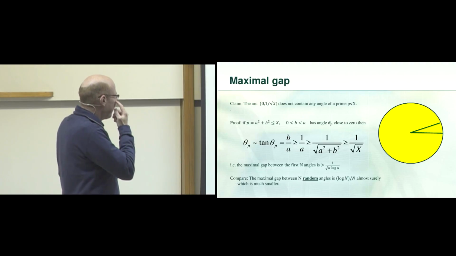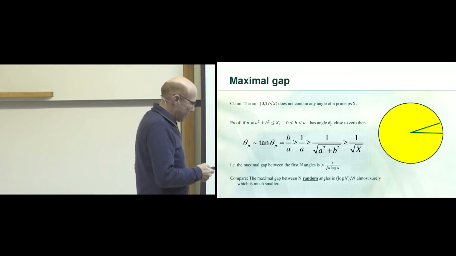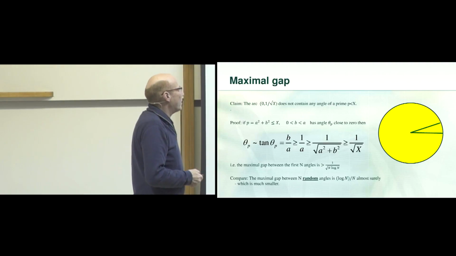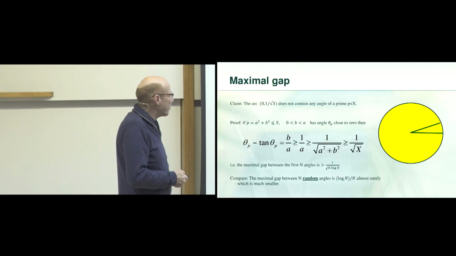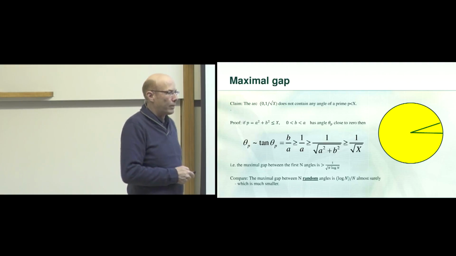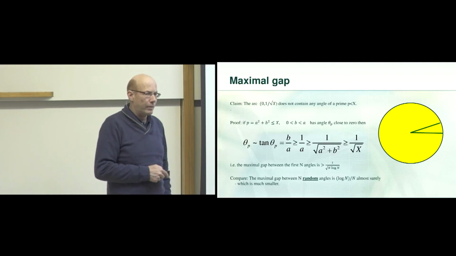For n random points, the maximal gap is not much larger than the average gap. The average gap is 1 over n. The maximal gap is only bigger than that by a factor of log n. This is an old theorem of Paul Lévy from the beginning of the 20th century.